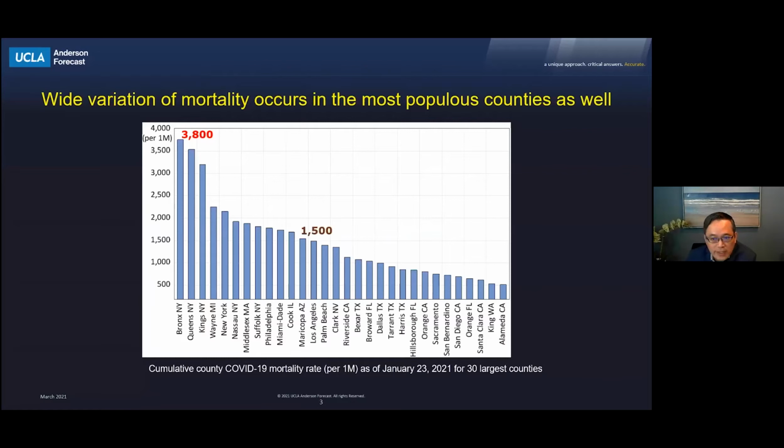In the middle, Los Angeles County has 1,500 deaths. On the right, we can see King County, Washington State, which is the Seattle region, and Alameda County in the Bay Area had much lower deaths, 500. So in short, the wide variation of mortality occurs in the most populous counties as well.